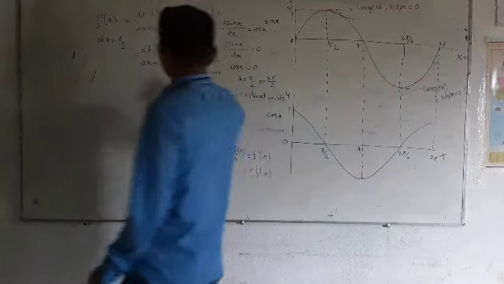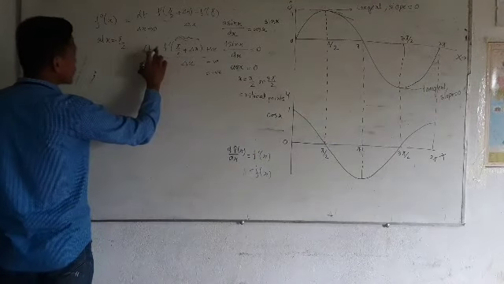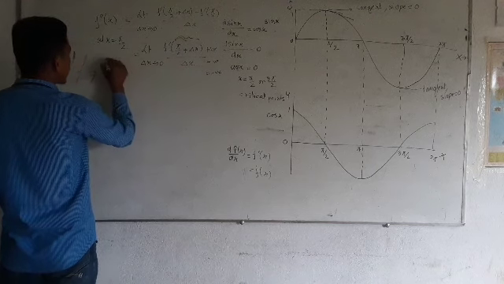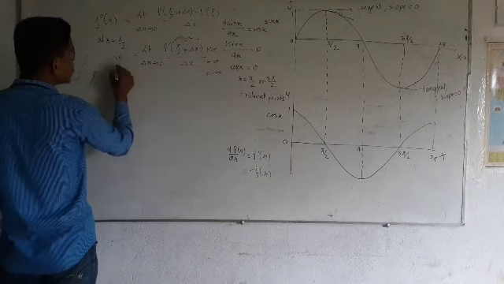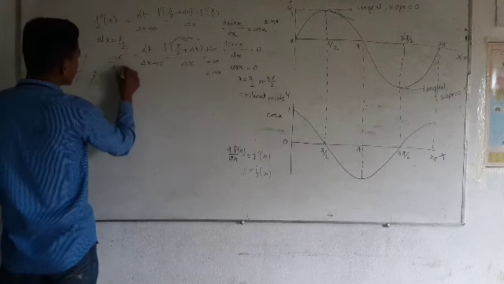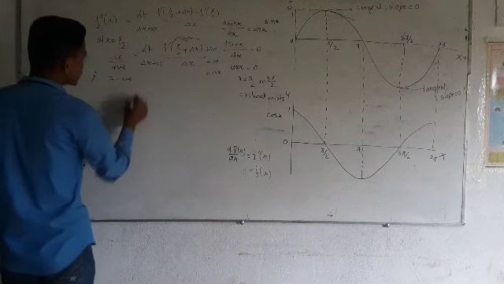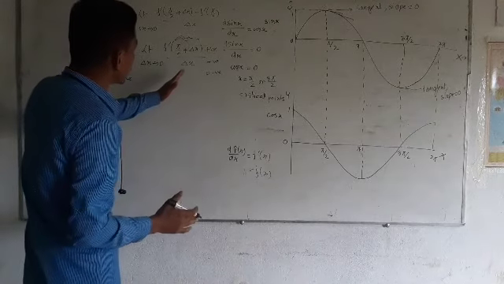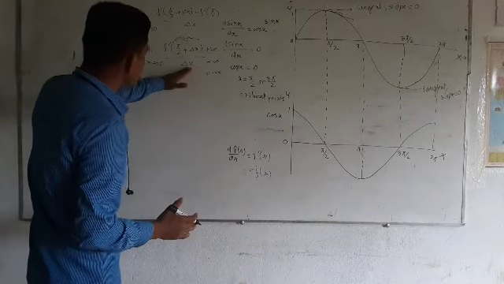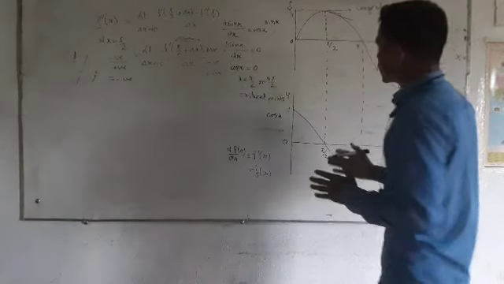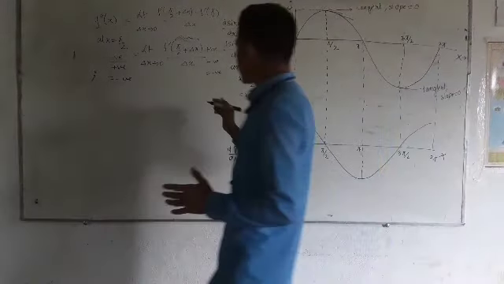Therefore, if delta x is positive, the upper value of this fraction will give negative slope, therefore a negative value. And if I divide a negative value by a positive value, it yields a negative value. That is, in both cases, whether I take delta x to be positive or negative, it yields a negative value.